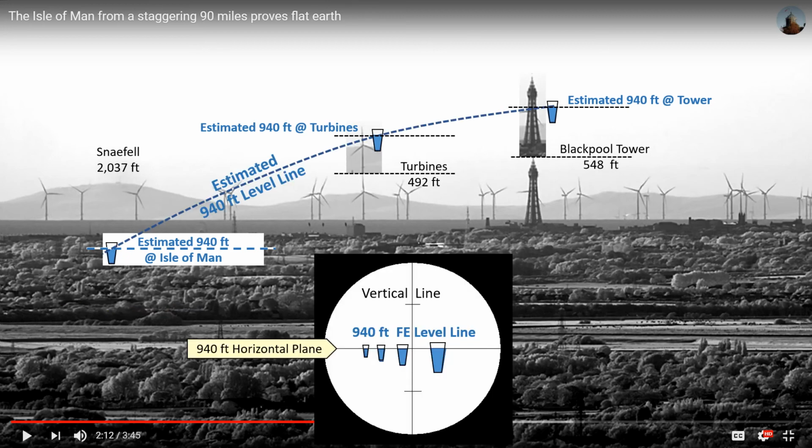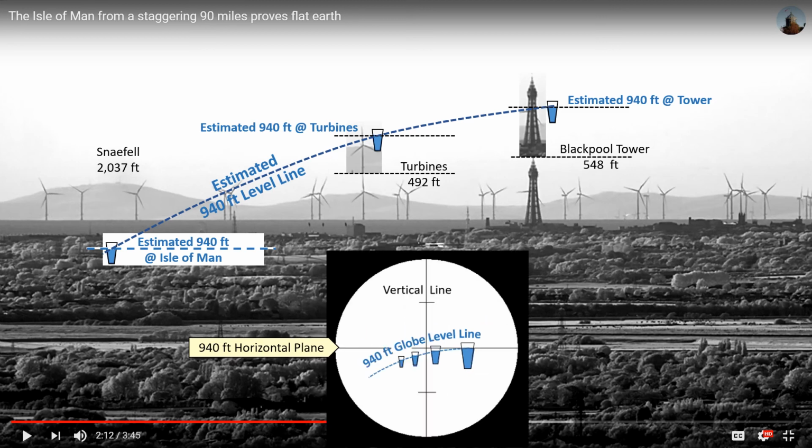Now, even though I've only made very rough estimations of the elevation of 940 feet at all three of these locations, they are so far off from what we would expect to see on a flat Earth, we can only come to one conclusion. This is more strong evidence that this photograph supports the globe model.